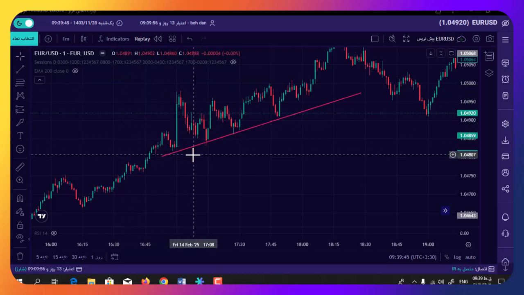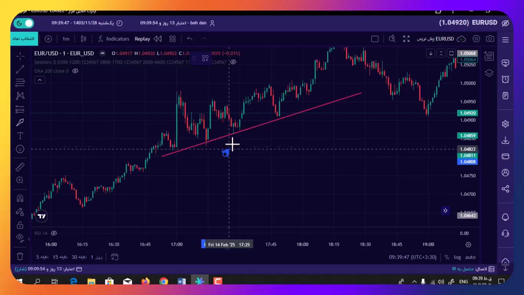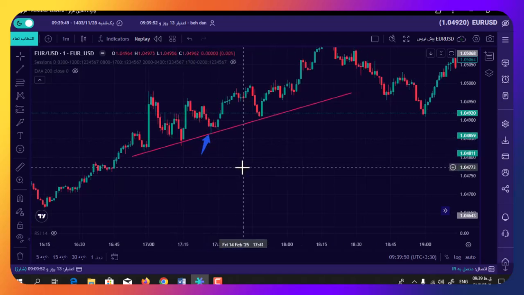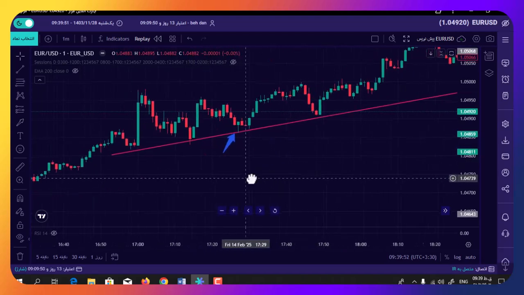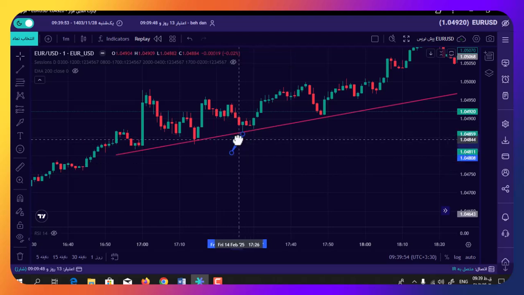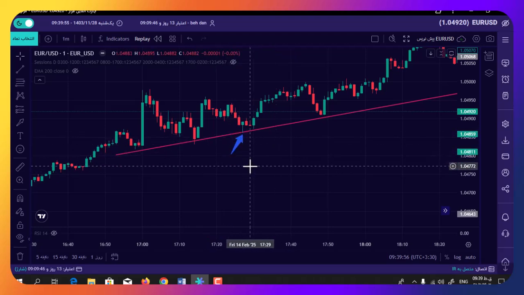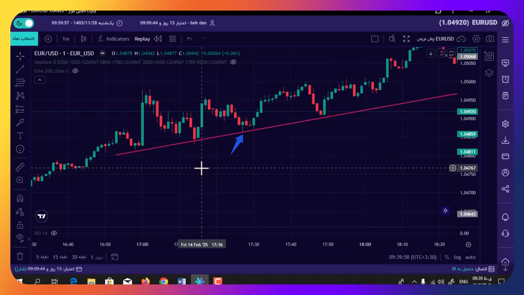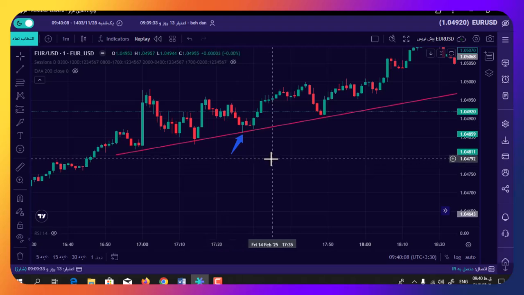Dynamic support example. In this case, the price reaches a dynamic support level, and a hammer candlestick appears, pushing the price upward.